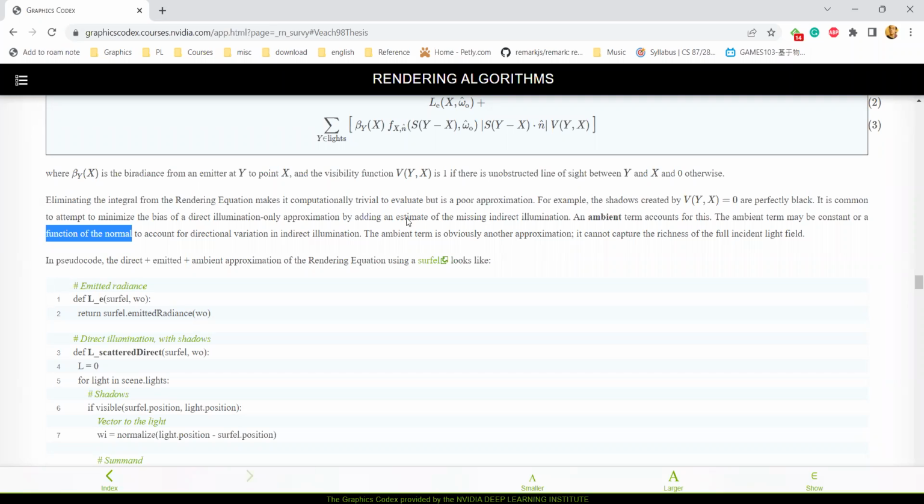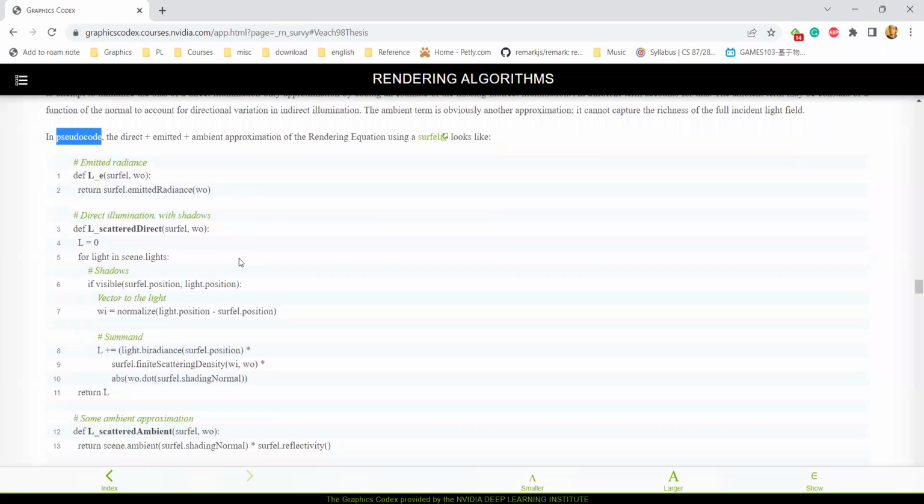The ambient term is obviously another approximation. It cannot capture the richness of the full incident light field. In pseudocode, the direct plus emitted plus ambient approximation looks just like this shader.